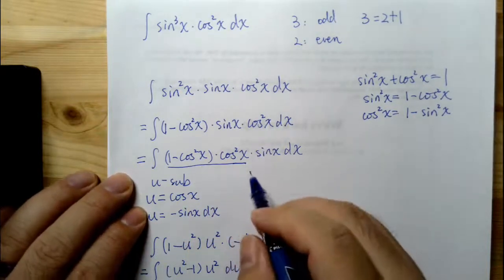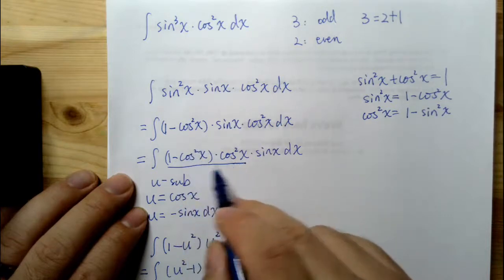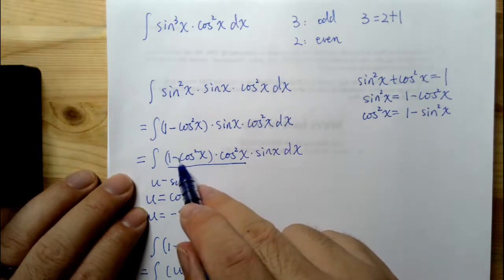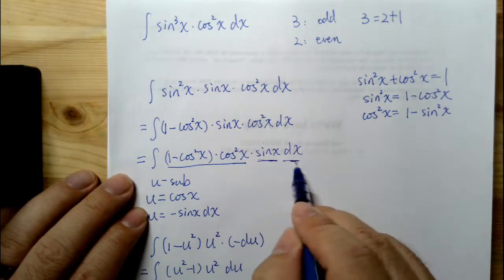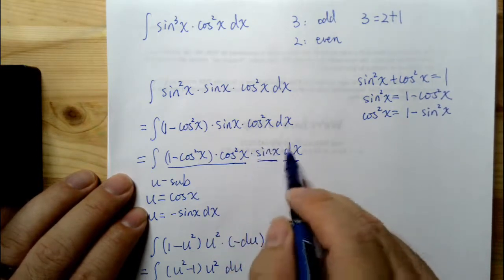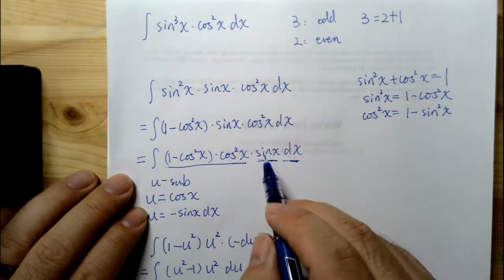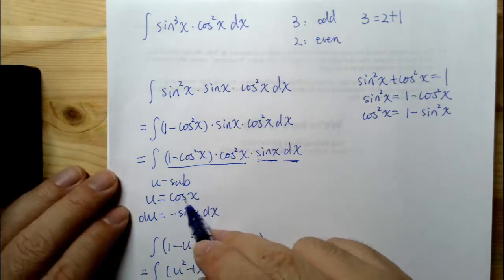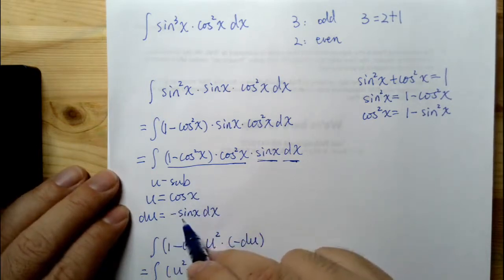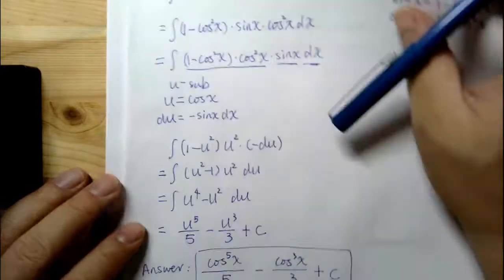Why do we want that? Because all the terms inside this integral are about cosine except one sine term and the dx. This is a perfect format to apply the u substitution, because if you set u equals cosine x, du equals negative sine x dx. So we can apply the u substitution very easily.